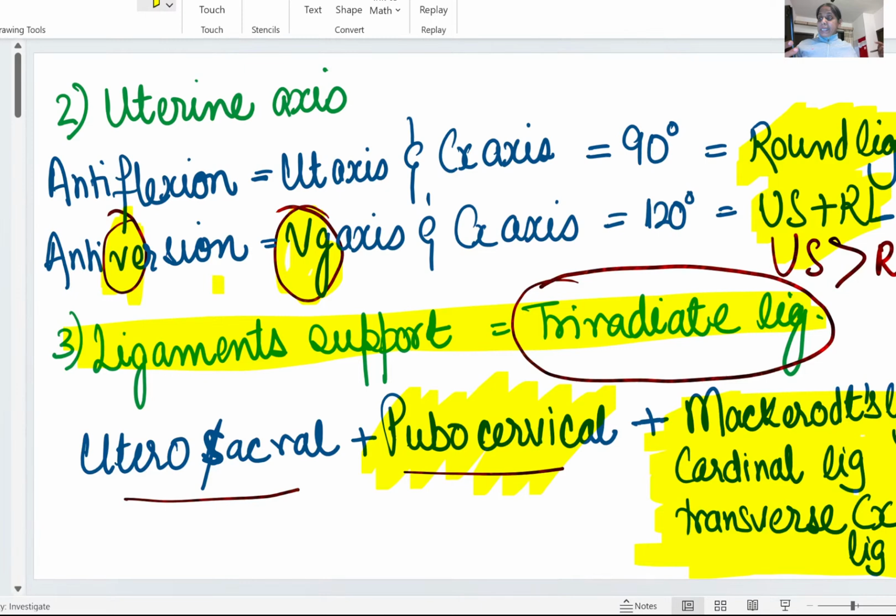So these three ligaments start from the cervix: transverse is transcervical, posterior is uterosacral, anterior is pubocervical. You have to remember that the main ligament of this triradiate ligament is the Mackenrodt ligament. It is the main ligament.